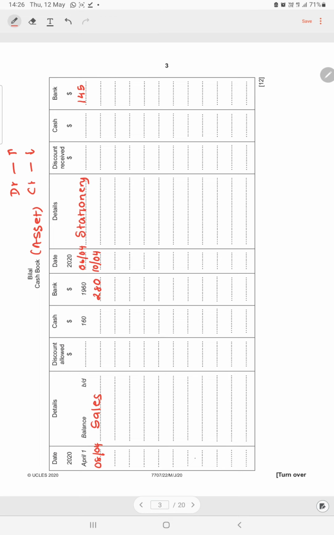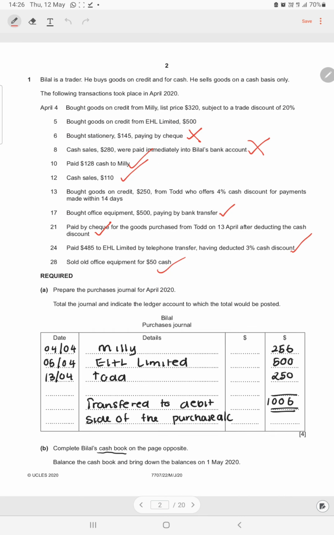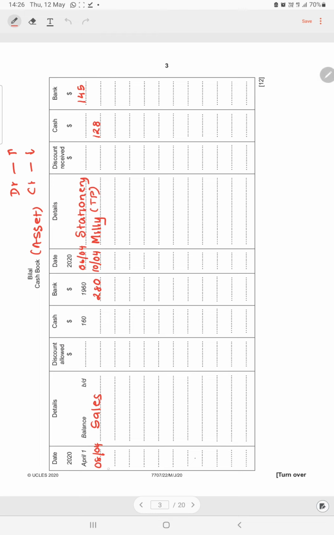So first, the cash balance account decreases by 128, and we paid Millie, which means our trade payable Millie will decrease. This is a trade payable account, a person that we bought from. That entry is done as well. Again, we have cash sales of 110 on the 12th. It says cash sales, which means the money wasn't deposited in the bank account.